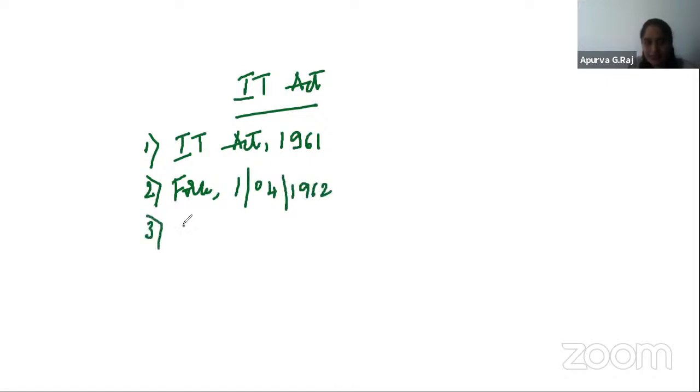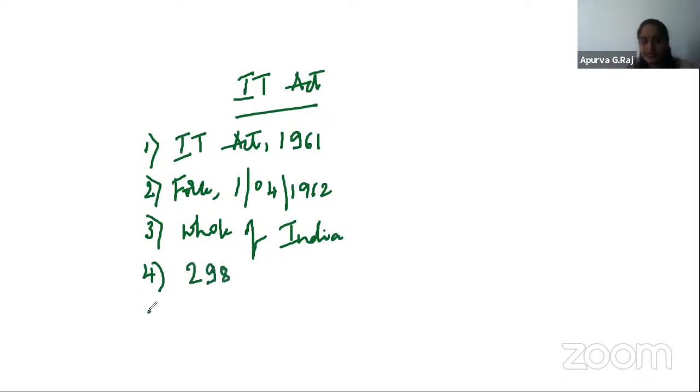It applies to whole of India. It has got 298 sections. And how many schedules? It has got 14 schedules.